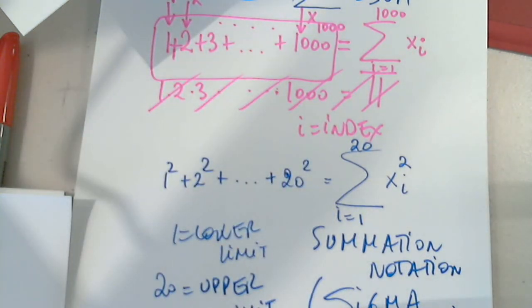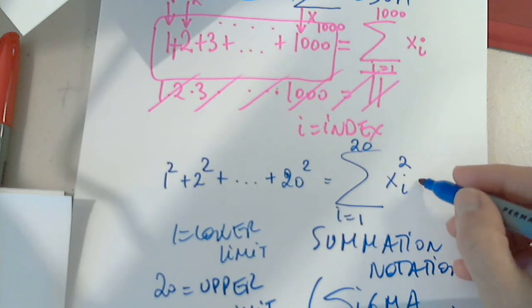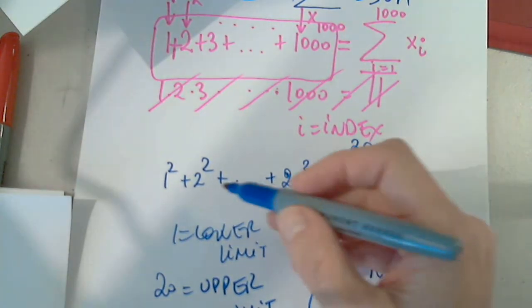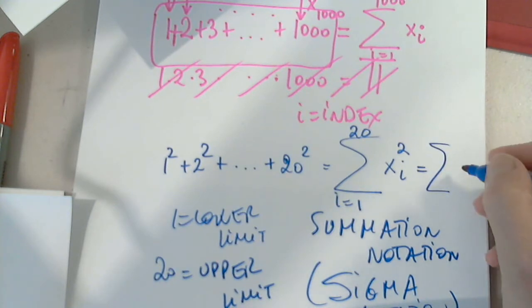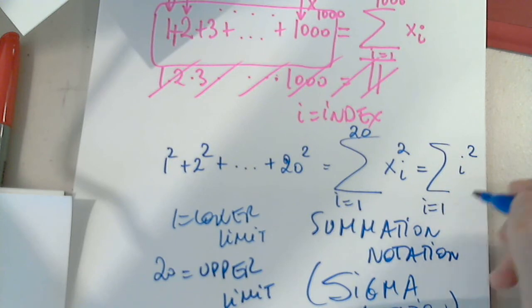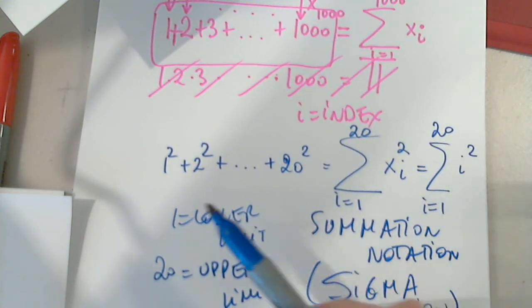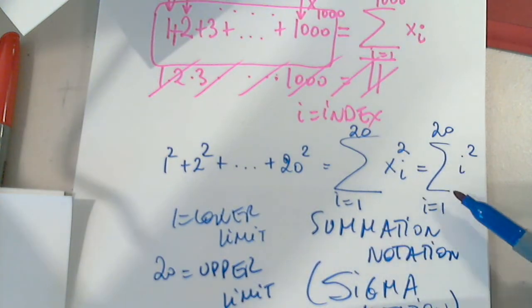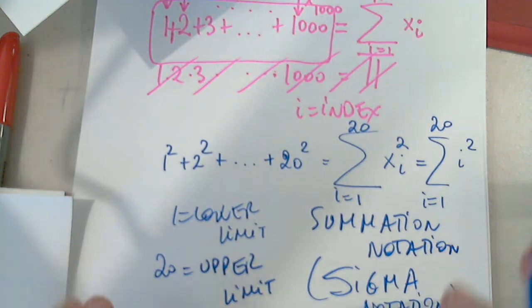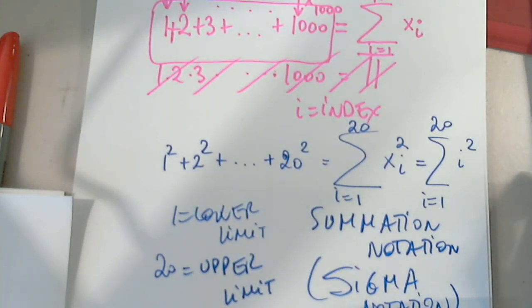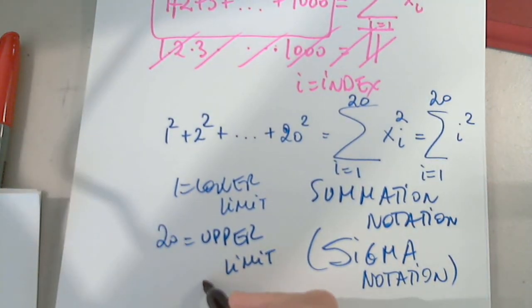Also, I have another way of presenting this. This is the general case. I didn't put the numbers in. So you can just write I squared from I equals 1 through 20. When I is 1, I have 1 squared. When I is 2, I have 2 squared. And plus, all the time plus, because it's a sum. We're not going to work with or simplify the summation notation. I just want you to understand what they present in the book or in your notes or everywhere else.